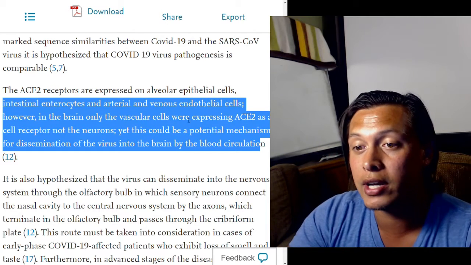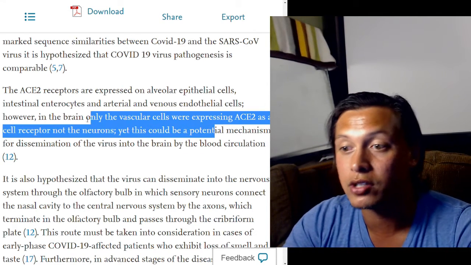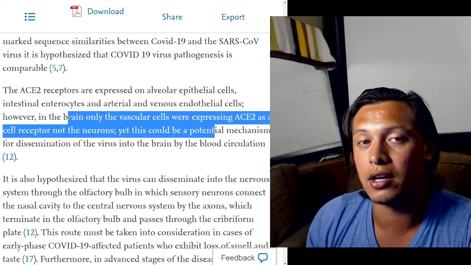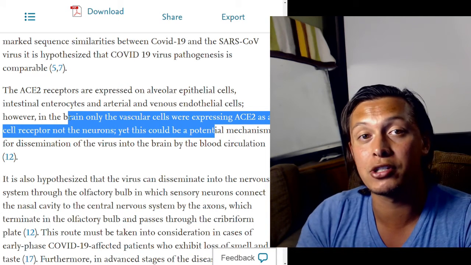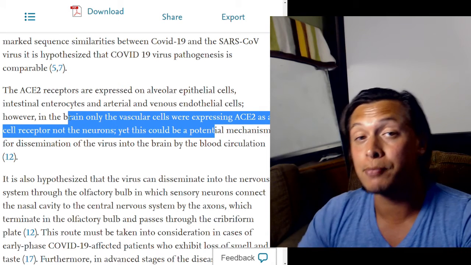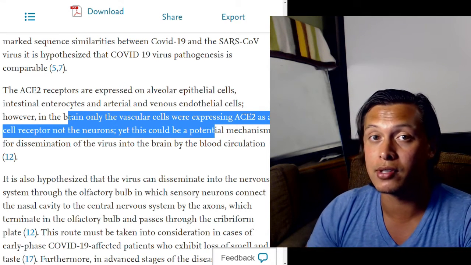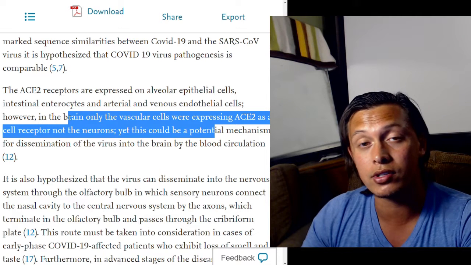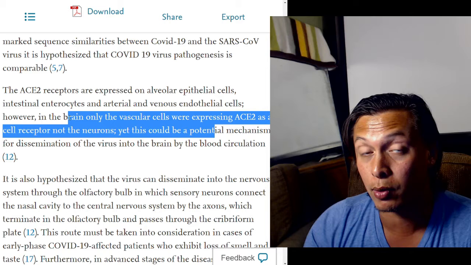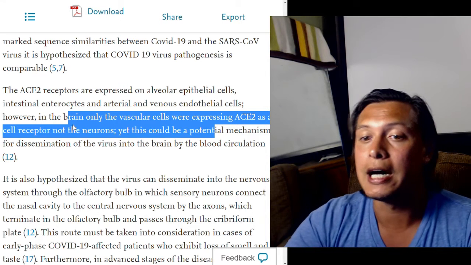So ACE2 is not highly expressed in neurons. So how are we going to be seeing damage done to the neurons by the virus, if there are no ACE2 receptors on it? Well, it is possible that there are different receptors that the viruses can also use, because some spike proteins can interact with multiple receptors, not just one.